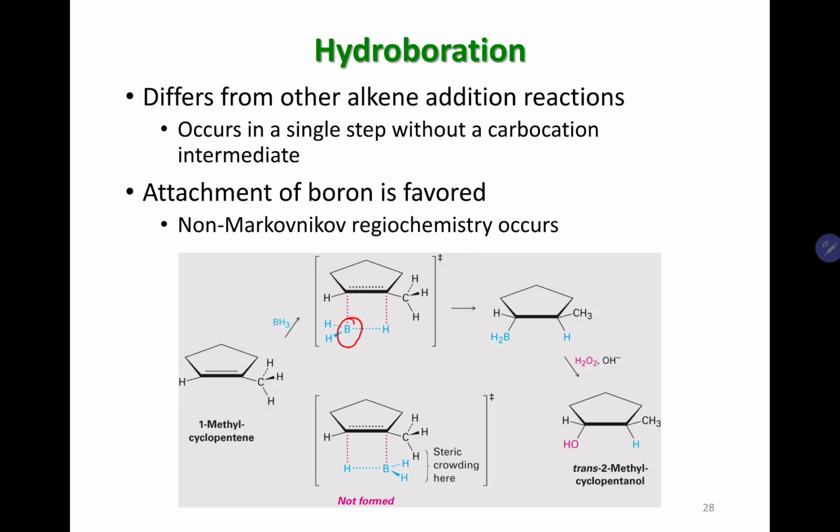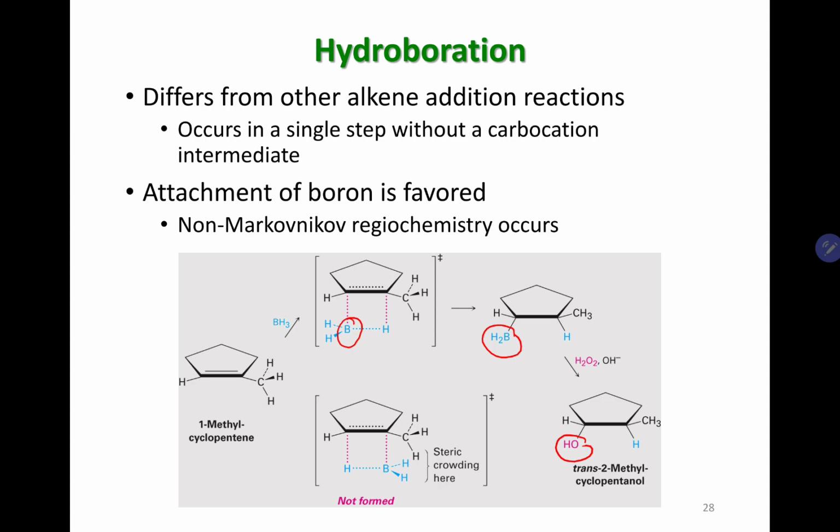But the thing is, the resulting BH2 is converted to the OH group. So even though you are getting the electrophile boron atom aligned with the rich carbon, it is then converted to the OH. So therefore, it is going to be anti-Markovnikov.